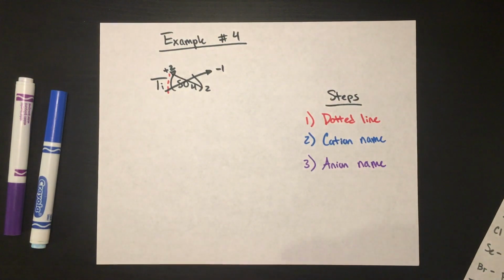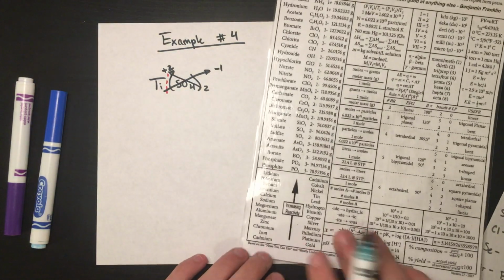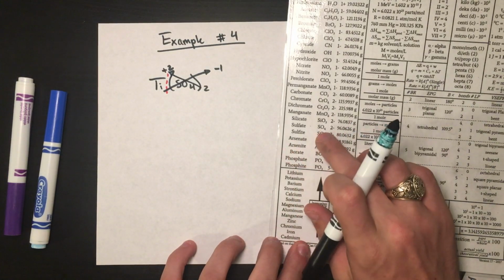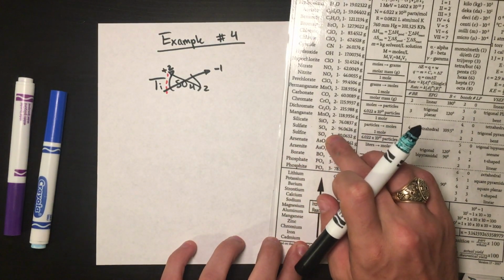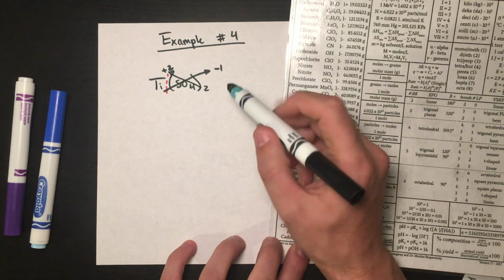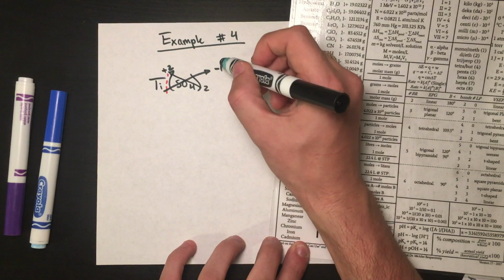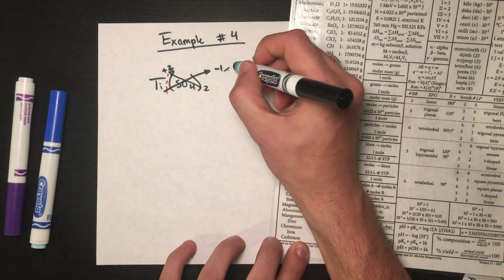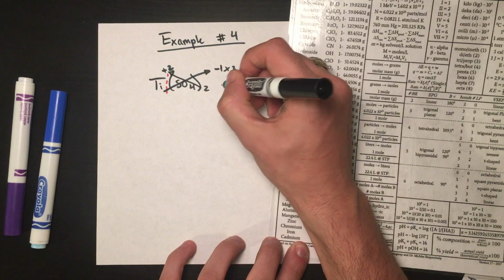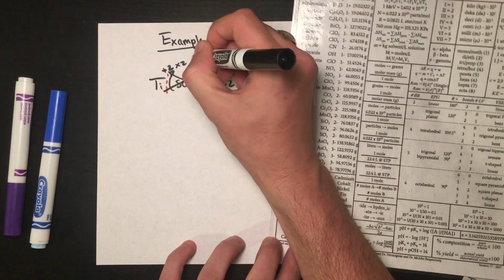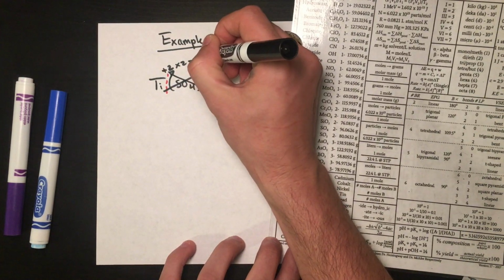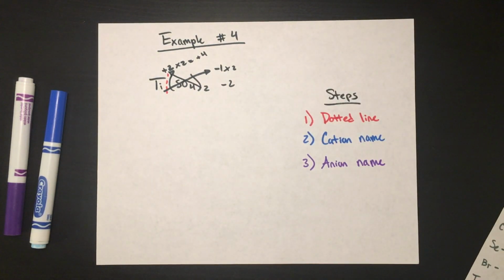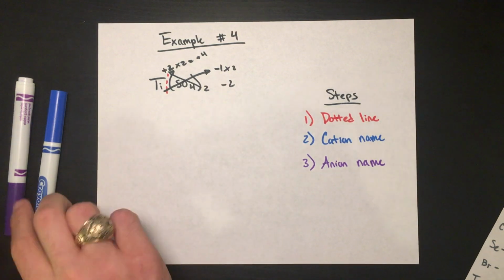Now, we have to go and make sure that sulfate, SO4, needs to have a -2 charge. It does not have a -2 charge here. So we have to multiply this and this by 2 to get our correct charge. So this titanium atom has a +4 charge, not a +2 charge.